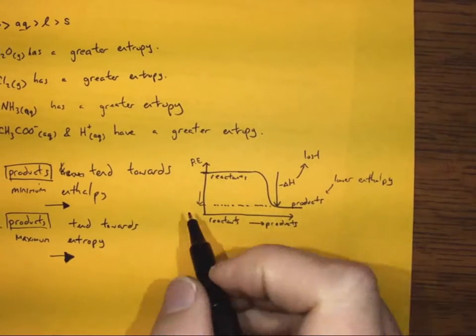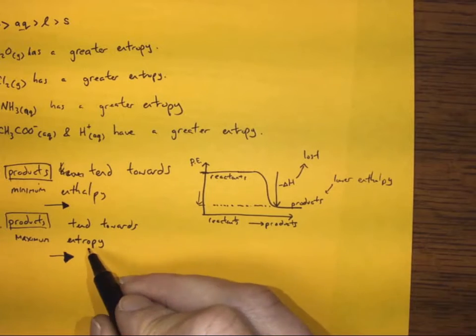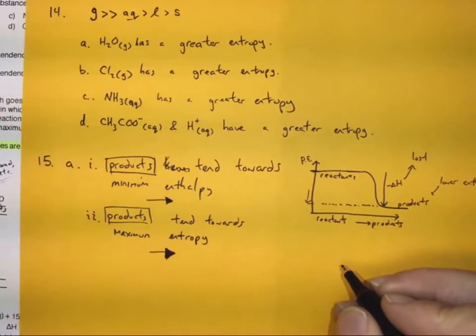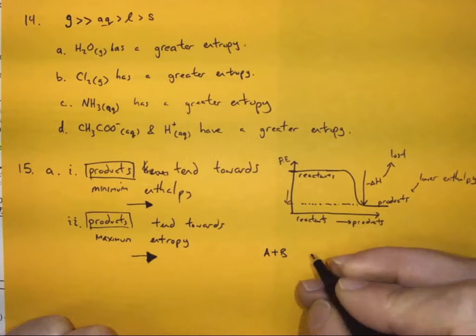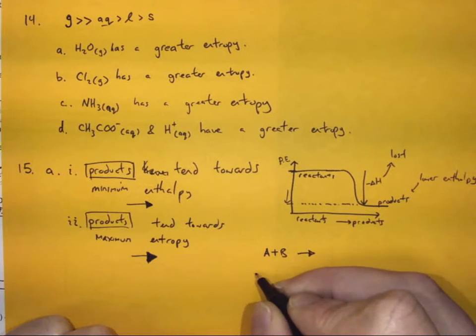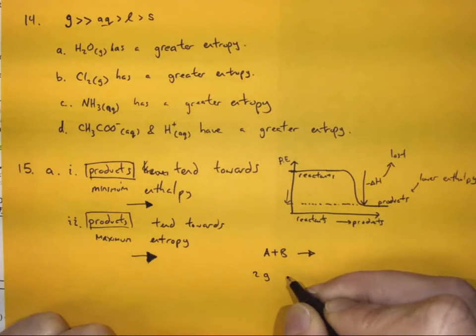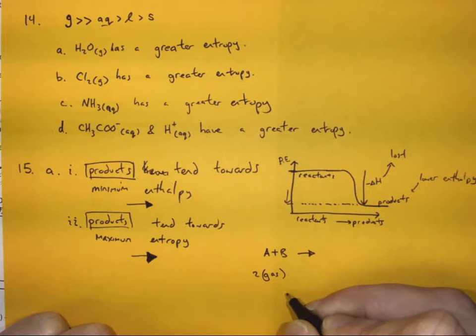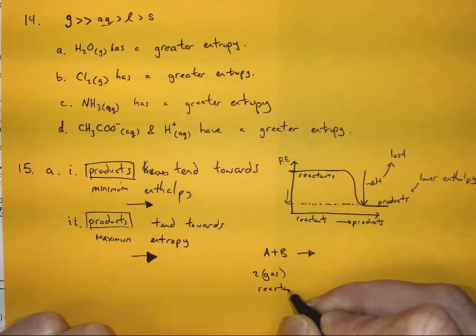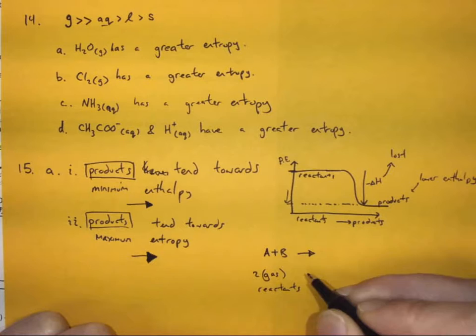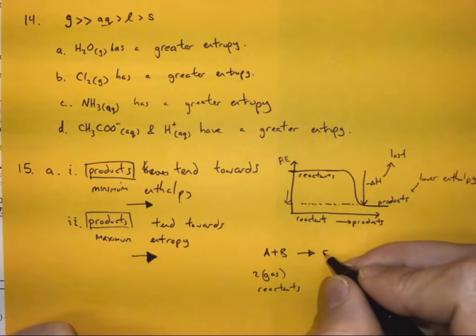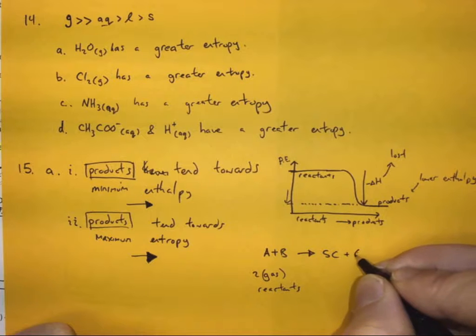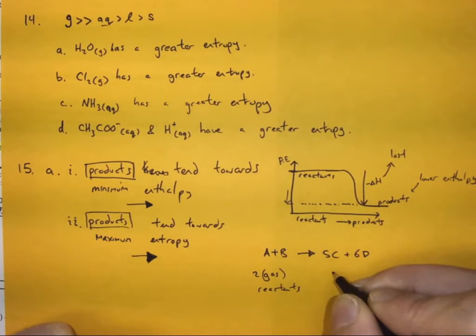Okay, and that helps us answer this question. What about the maximum entropy? Well, we can answer the maximum entropy because we can see that we have two gaseous reactants. And it looks like we go to 5 C molecules and 6 D molecules, which means we have 5 plus 6.